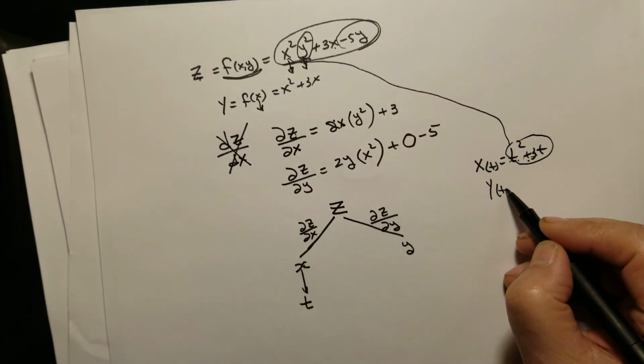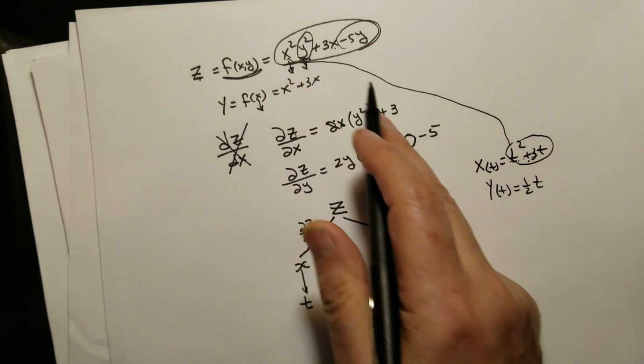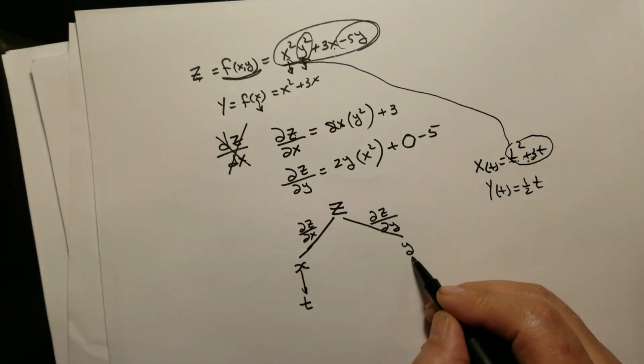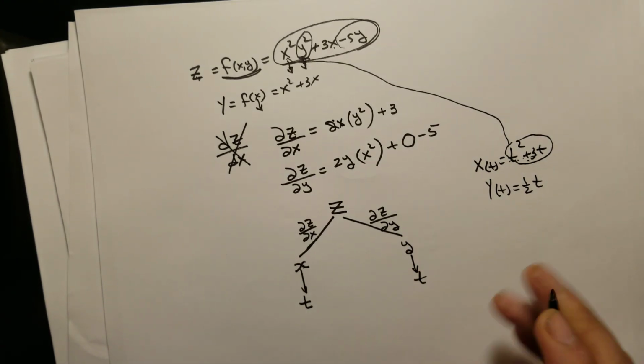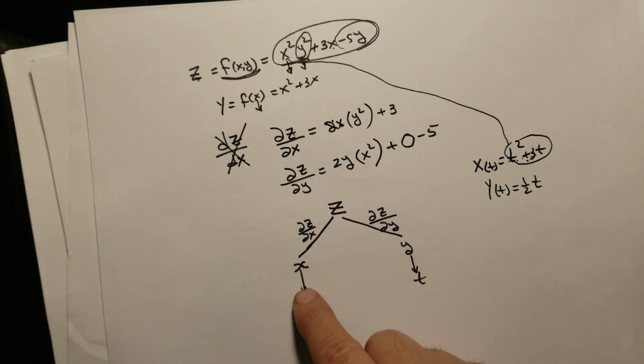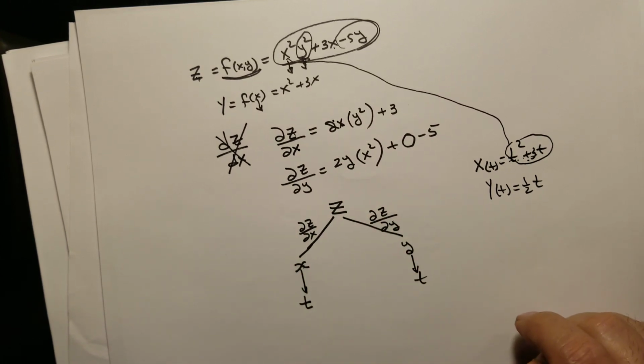And what happens if y is also a function of t? Therefore, you have to replace y with one half t. Therefore, this one also is a function. Therefore, in order to get from t to z, you have two routes. That's one route, that's another route.